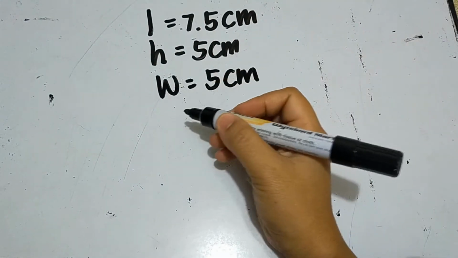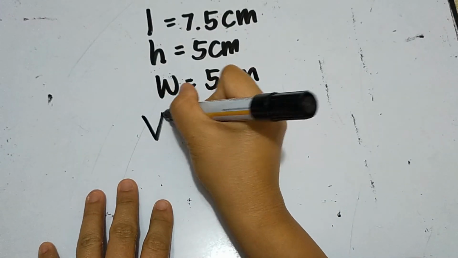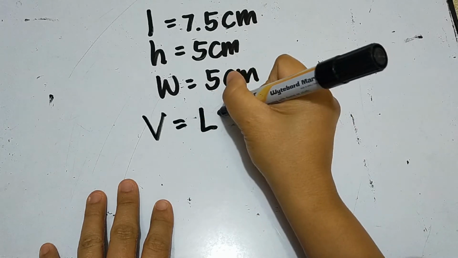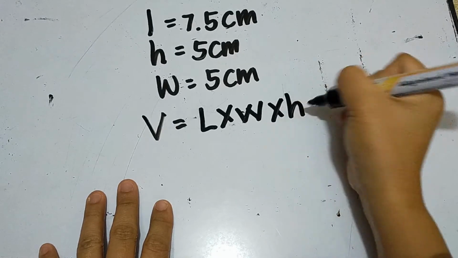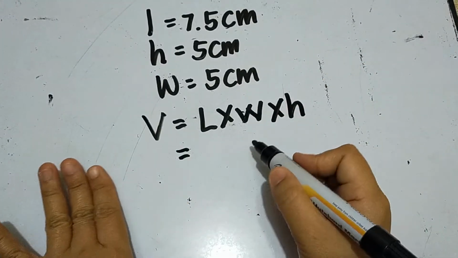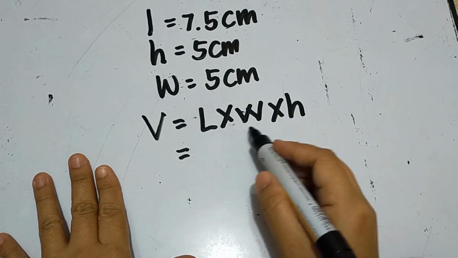Okay, now, yung formula sa pagkuha ng volume ng rectangular solid ay V equals length times width times height. Okay. Afterwards, i-apply natin or isa-substitute natin yung value ng length, width, saka height.